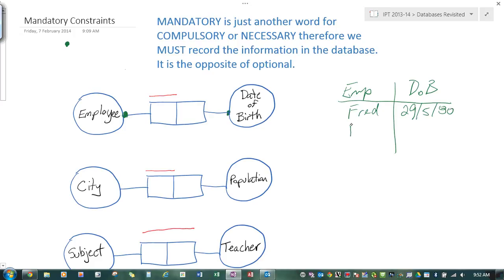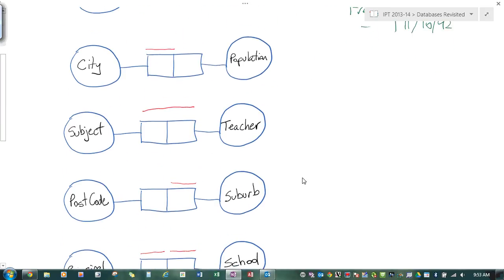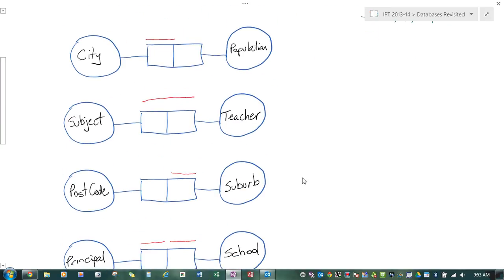If we have an optional one, we're happy with that and we leave that blank. Or vice versa, we leave that blank and we put in, say, the 11th of the 10th, 92. So the only one we're interested in is that, so you must have both bits of data recorded.